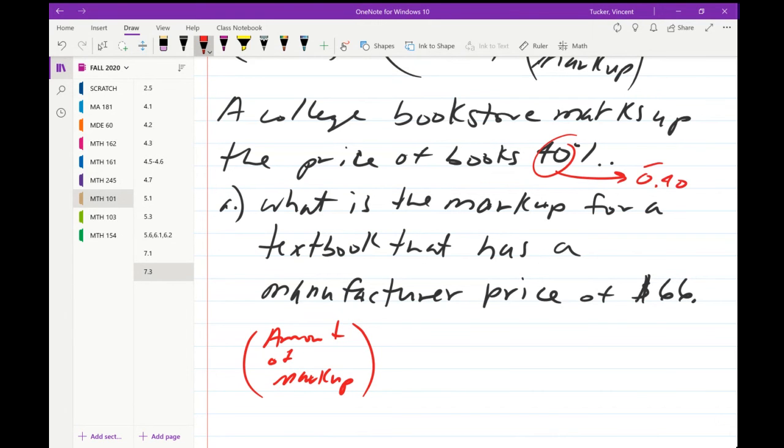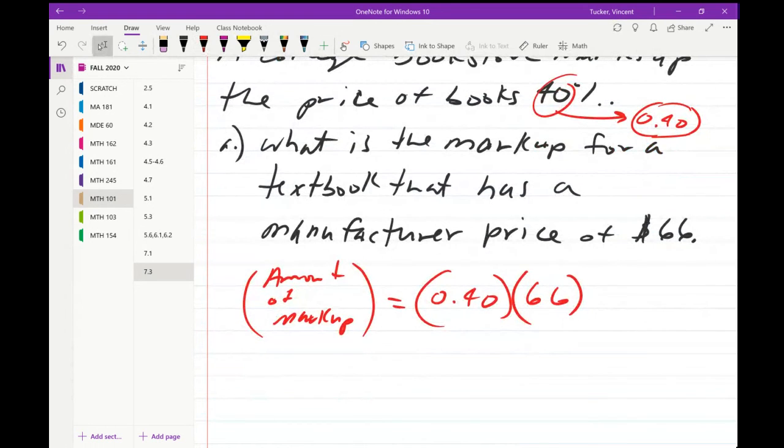It's going to be 0.40, and it's going to be multiplied by the original price, the manufacturer price, which is $66. Multiplying those together, that'll be 26.40.